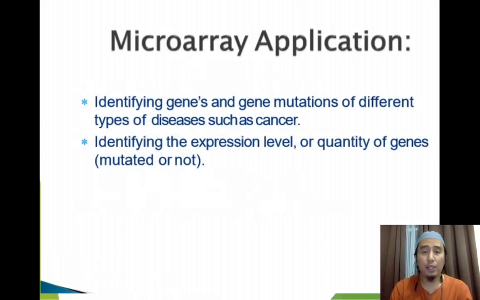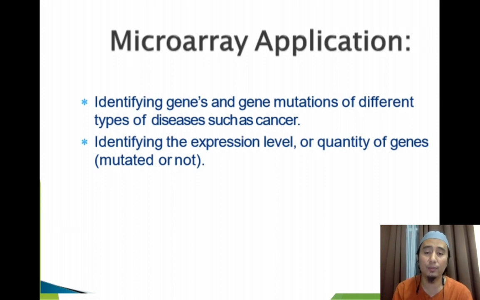And let's see the applications of microarray. First, identify genes and the gene mutations of different types of diseases such as cancer. So you can detect whether there is any presence of cancer genes or cancer markers in the cell by using DNA microarray, and identify the expression level or quantity of the gene, mutated or not mutated.